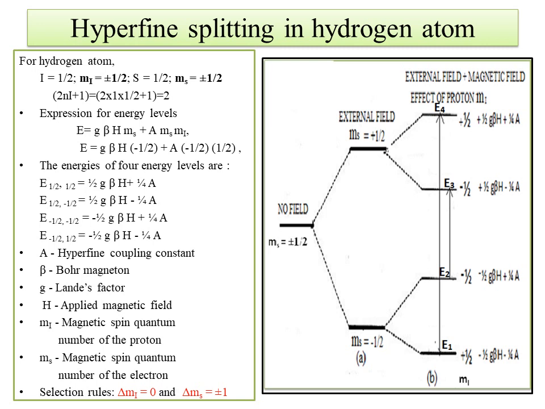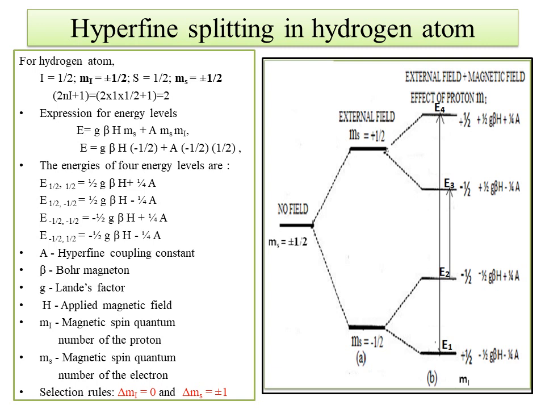As a result, four energy levels are obtained, and because of the selection rule, delta MI is equal to 0 and delta MS is equal to plus or minus 1, two transitions are possible and we get two lines in the ESR spectrum.